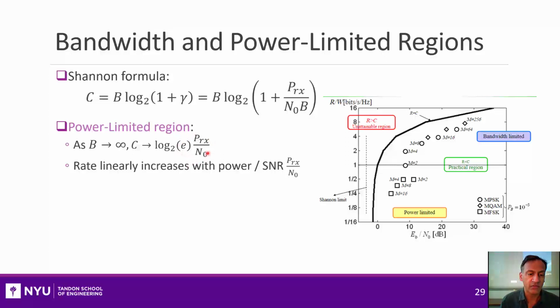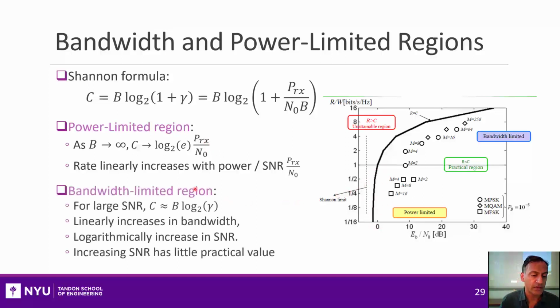You can see that for very low SNRs, or equivalently when the bandwidth is very large relative to the transmit power, the capacity scales linearly with the SNR, or equivalently linearly with the power. So that's this regime here.